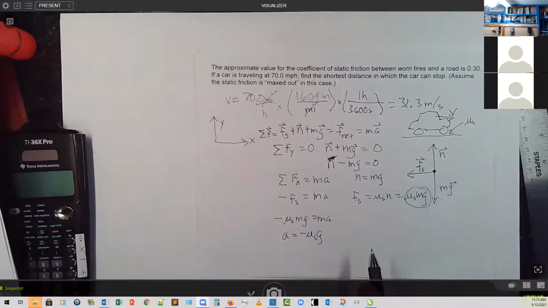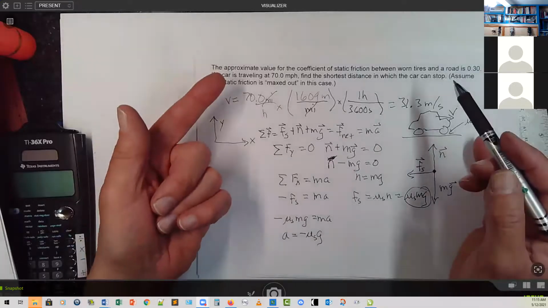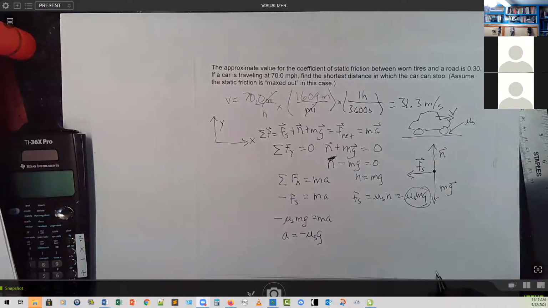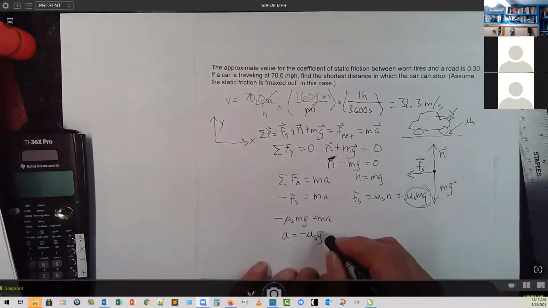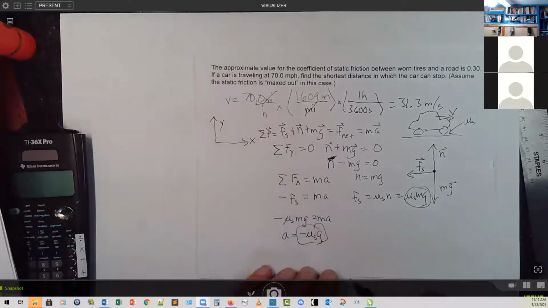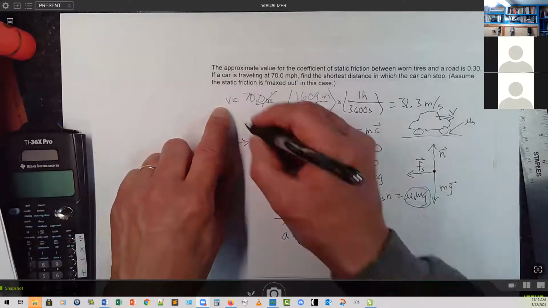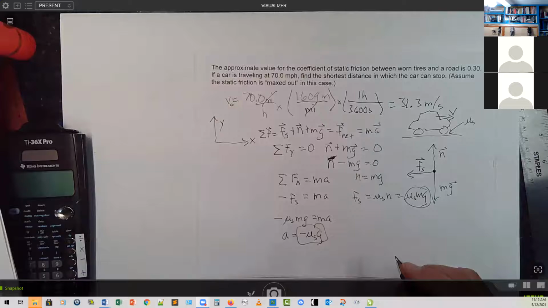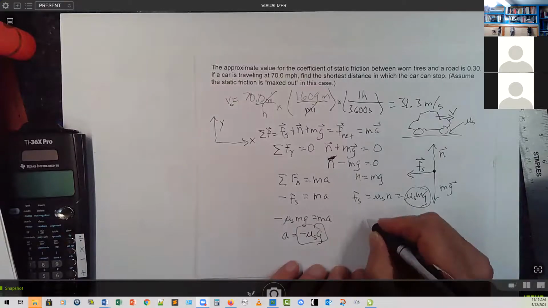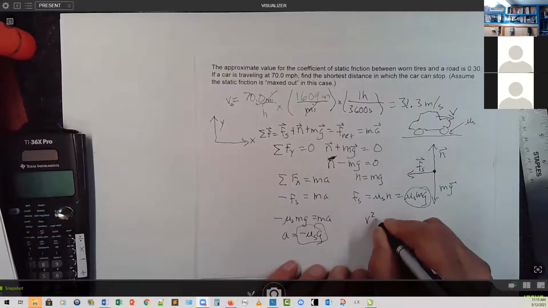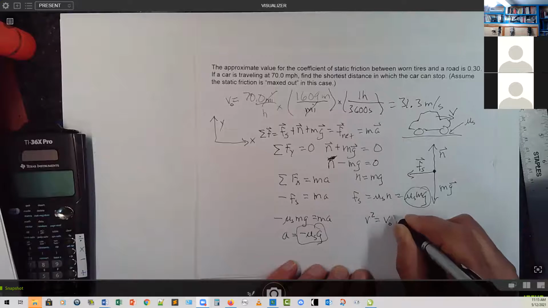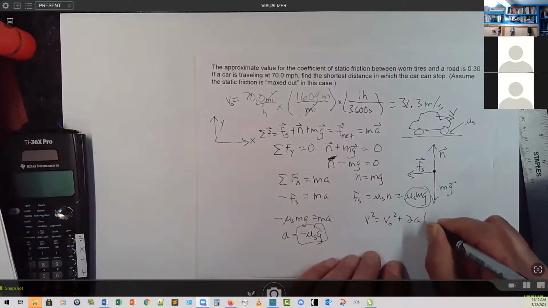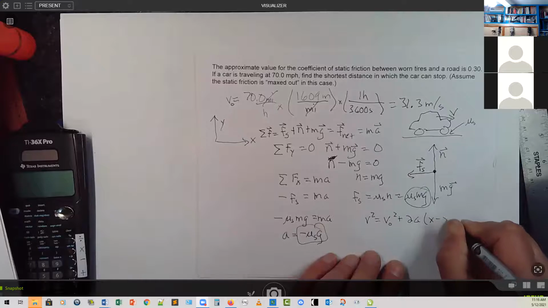So I want to know the shortest distance in which the car can stop. Well, we can figure that out now. We know the acceleration, we know the initial velocity, and I could call this v naught now if I wanted to. An equation that uses those is this: v squared is equal to v naught squared plus 2a times x minus x naught.